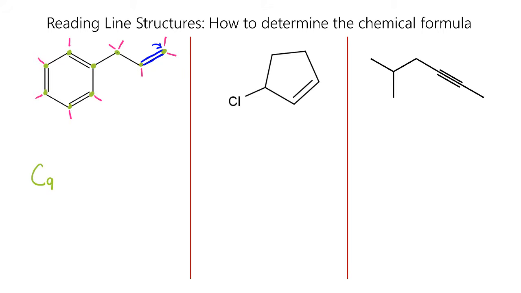The carbon that is adjacent to it would have only 1 spot available. So counting up all of our pink notches, which represent hydrogens in our analyzing shorthand, there would be 1, 2, 3, 4, 5, 6, 7, 8, 9, 10. And that is the entire formula because there is no other atom explicitly shown.